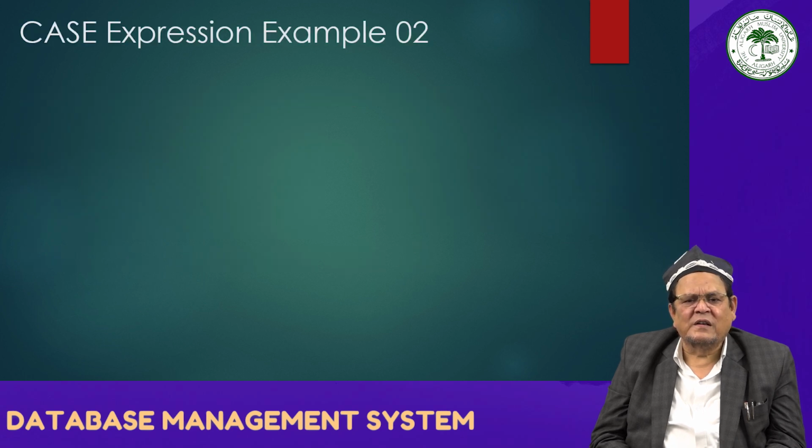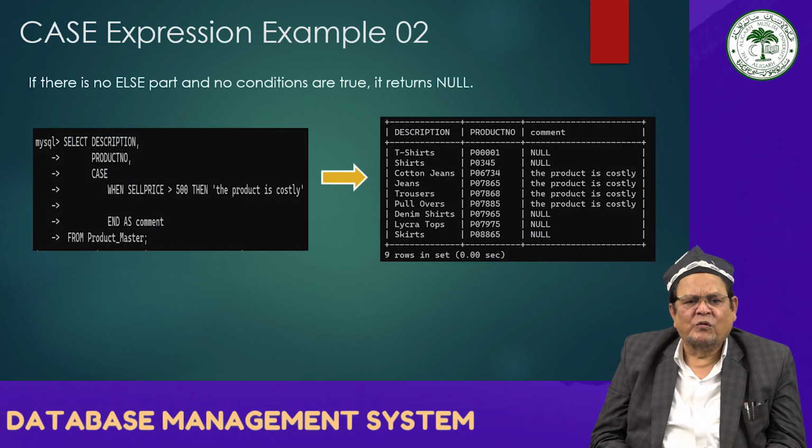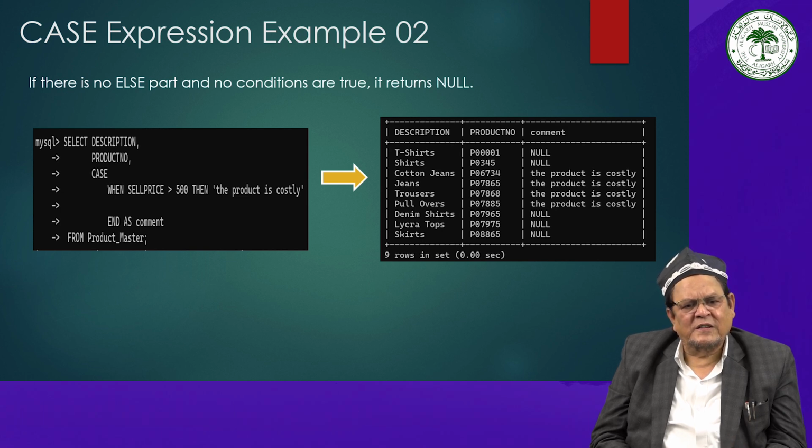I have taken a second example for the CASE expression. Select description, product number, the same type of CASE. WHEN sale price is greater than 500 THEN that product is costly. Then END as comment from product master.